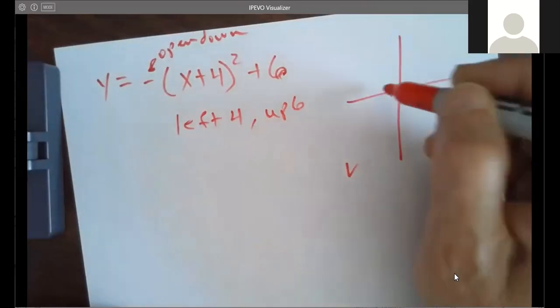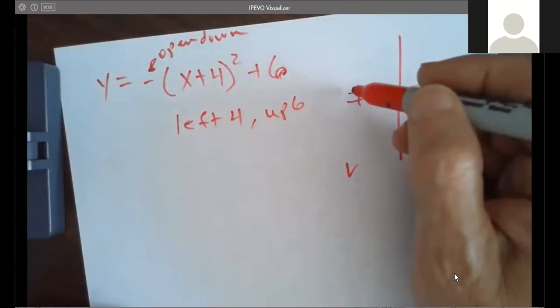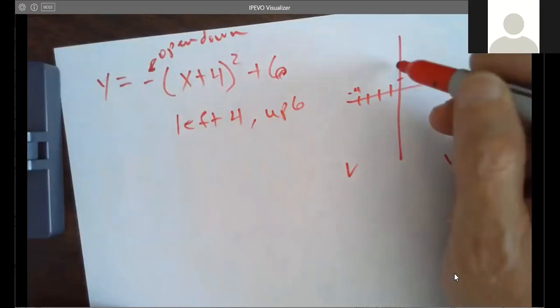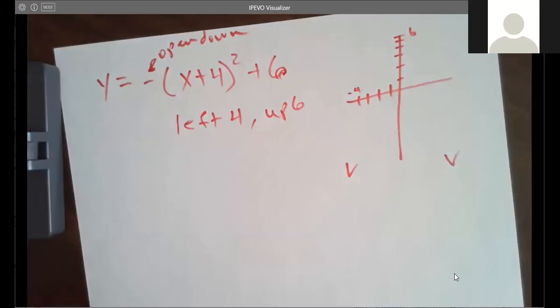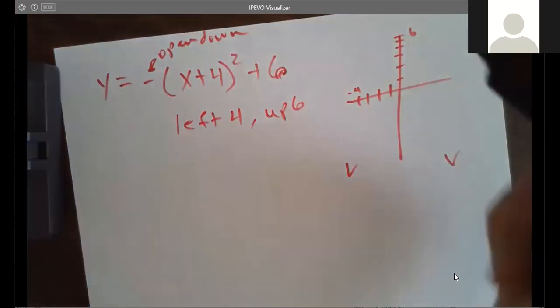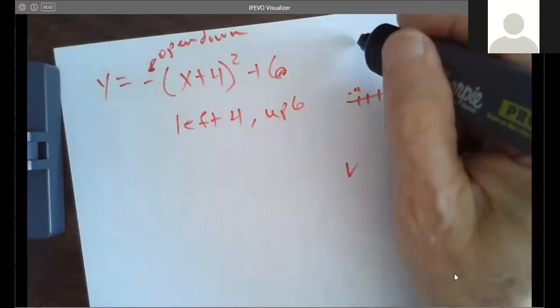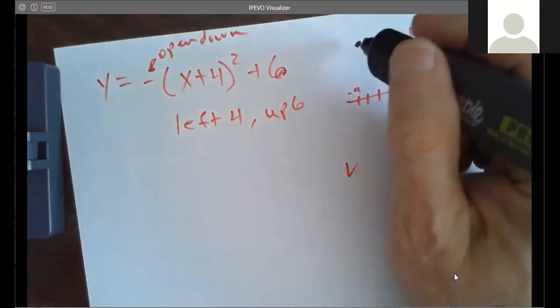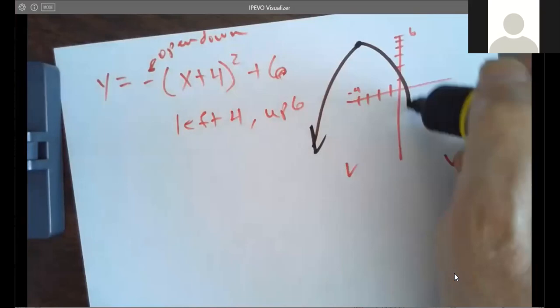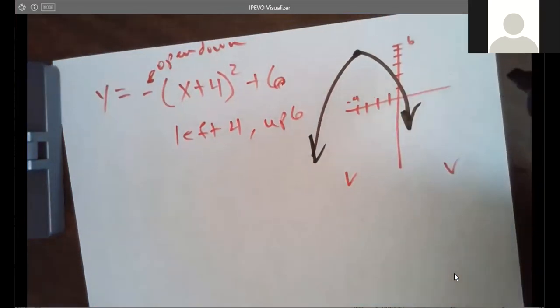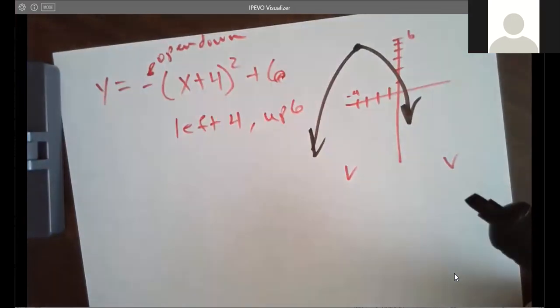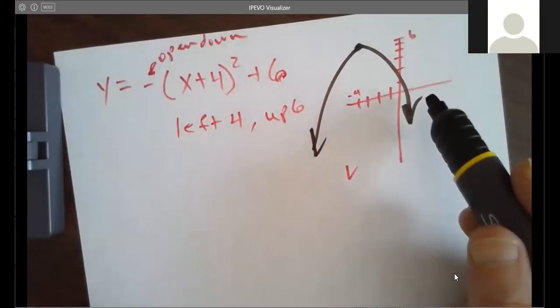So this would be 1, 2, 3, 4, and up 1, 2, 3, 4, 5, 6. So here's negative 4, 6, and it opens down. We're not going to get into the y-intercepts or x-intercepts on this lesson. So the graph is going to look something like that.